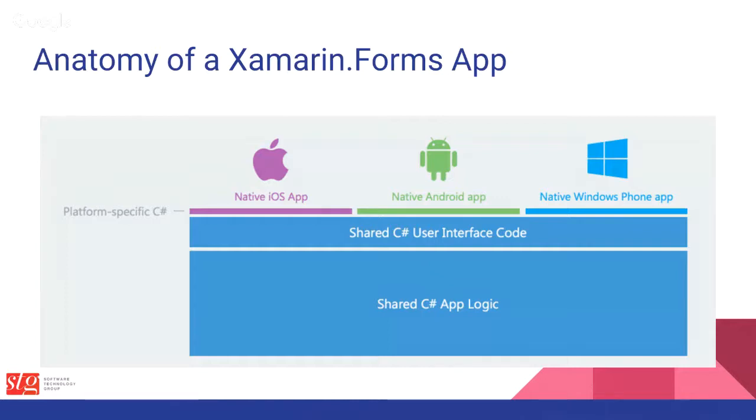But you build your UI in XAML, and then Xamarin is smart enough to display it in the correct UI elements on each different platform. So for instance, on Android, the little toggle switch will look like an Android toggle switch. And on iOS, it will look like an iOS toggle switch. And we'll see that as we get into the example. Now, there is some platform-specific stuff that you need to do, like I said, but it's very minimal. And we'll show you how that works.